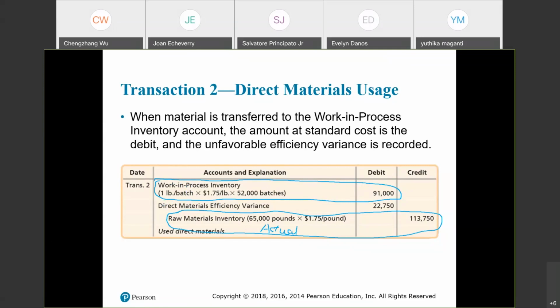The company's direct material efficiency was $22,750 unfavorable. Should be recorded here.